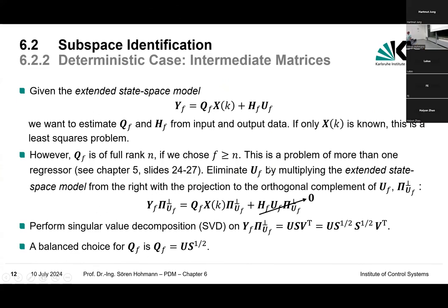Orthogonal complement means it annihilates UF. UF times the orthogonal complement of UF gives 0. And if I do this from the right, I get rid of the parameters HF. What remains is this matrix setting, which is given by YF times the orthogonal complement of UF, and on the right-hand side QF times XK times the orthogonal complement of UF.